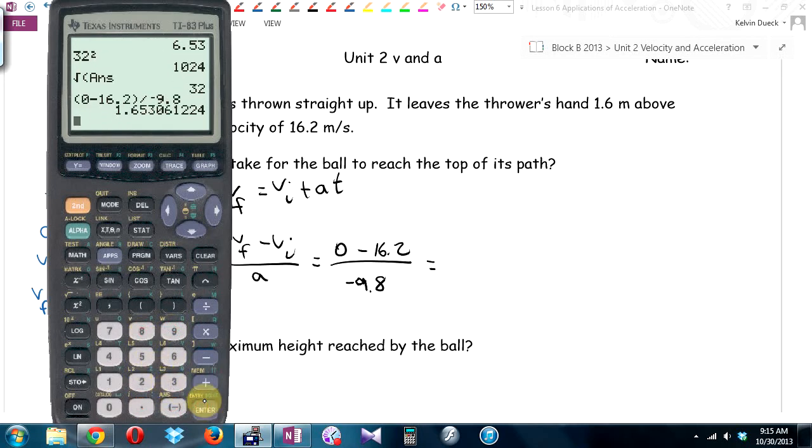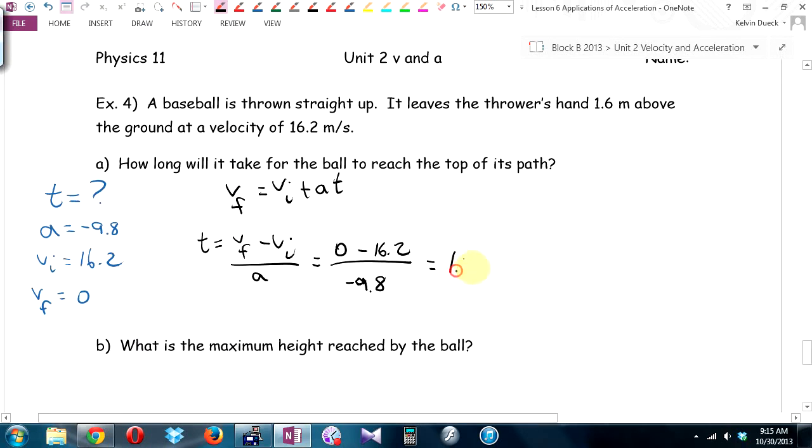Do you get 1.653061? I'll write 1.653 and then I'll do sig figs. 1.653. How many sig figs? 3 here. Technically 2 here, but you know what? That's a given piece of data. That's a constant. So I would accept 2 or 3 to be technical here.